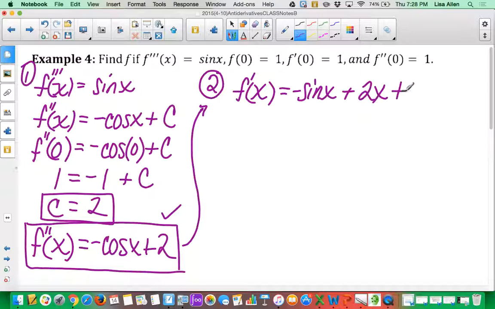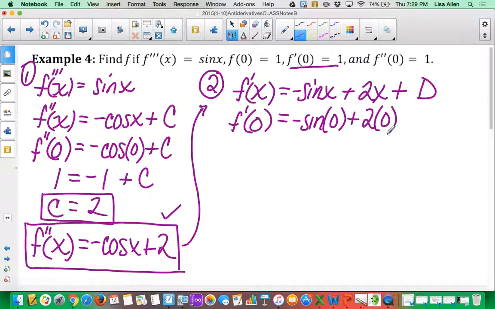Plus, I'm going to use another constant because you have an arbitrary constant that you'll have to put in. So I'm going to say d instead of c, just to make it a little different because it is a different constant. So now I know f prime of 0 is also equal to 1. So that's negative sine of 0 plus 2 times 0 plus d.